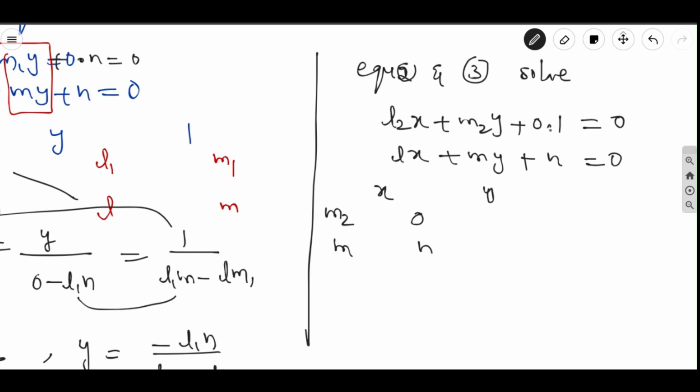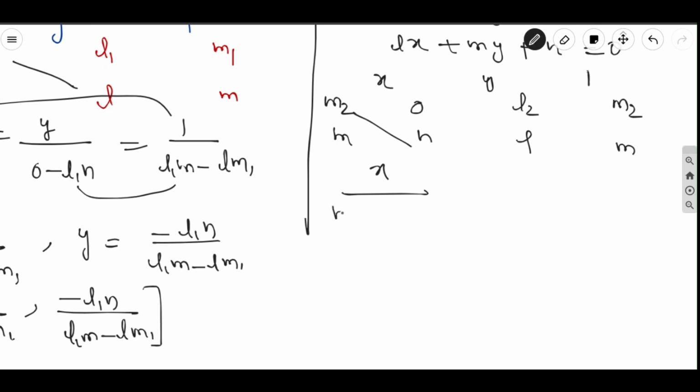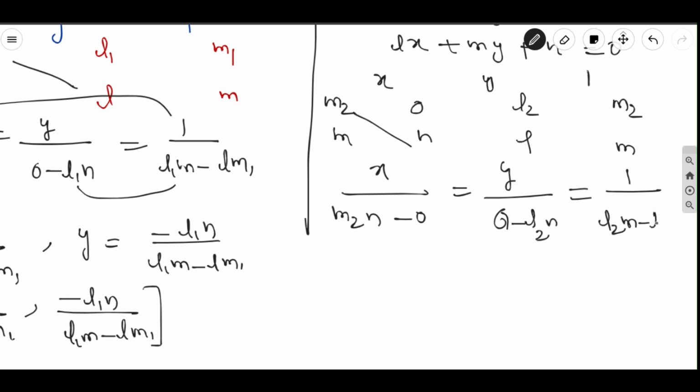Elimination of y: on the left side we have 0, n, and the right side is L2, L. The constant is L2, L, M2, M. The x is M2 n minus 0, y is 0 minus L2 n, constant by L2 m minus L m2.